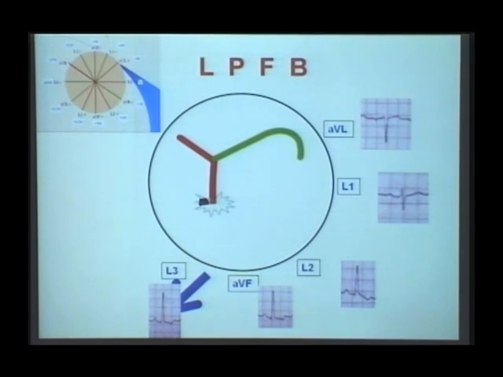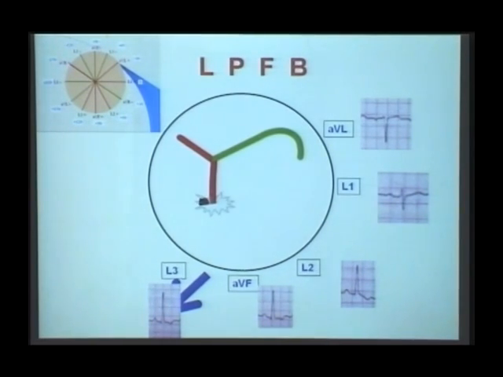As I told you, whenever there is a left axis deviation, you must think of left anterior fascicular block. You can immediately diagnose a left anterior fascicular block. But whenever there is a right axis deviation, what will you do? You look for right ventricular hypertrophy, not diagnose left posterior fascicular block. You must rule out right ventricular hypertrophy clinically and otherwise.